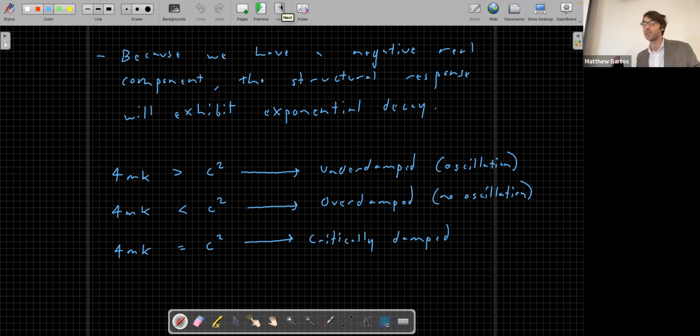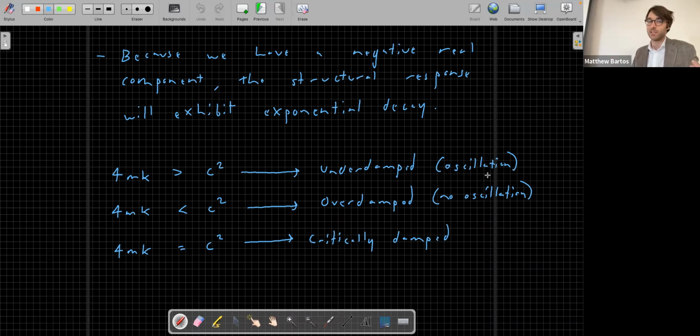So a lot of this should be review from undergraduate differential equations, and that's fine. Note that these terms here, underdamped, overdamped, critically damped, and so on, come from the domain of mechanics. And so they're usually thought about in terms of mechanical systems, spring mass damper systems.